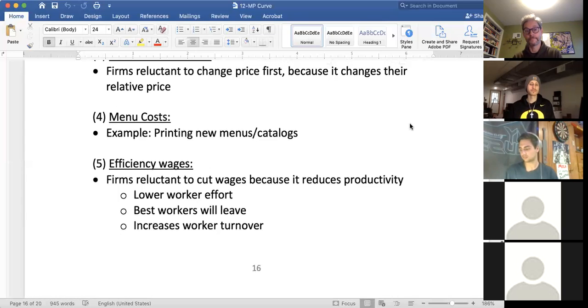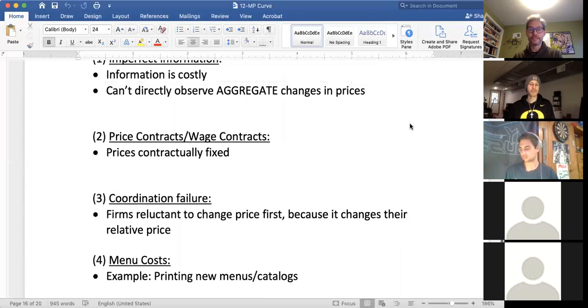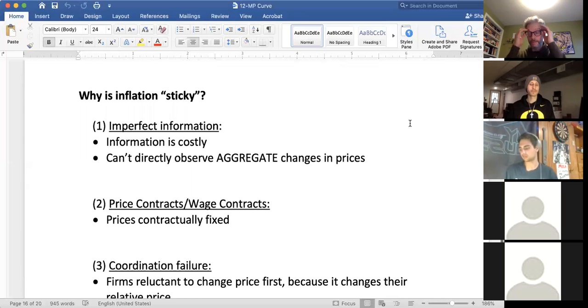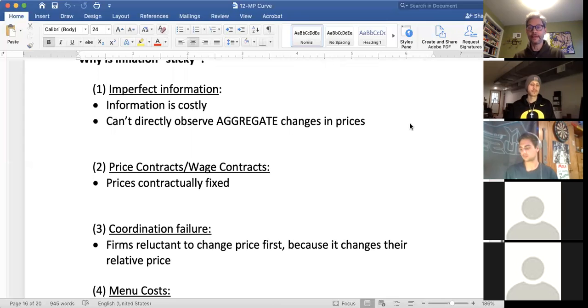And so if you take all these things together, and in fact, I've just talked about a few of the reasons why prices and wages are sticky, you begin to see that markets are not always the perfectly competitive markets that we assumed in the classical model, where something changes and instantly prices and markets adjust.